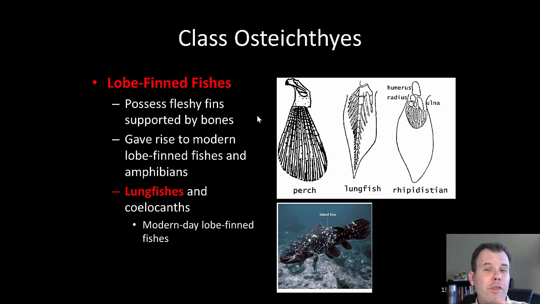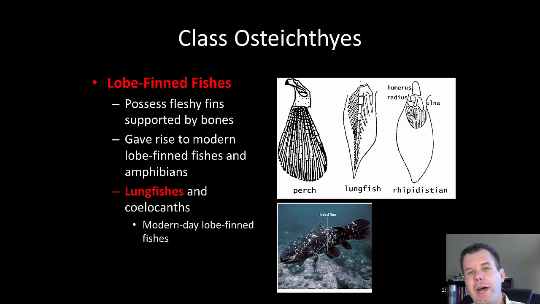They're actually the first evidence of appendages that these animals have to work onto the land. A lot of these lobe-finned fishes possess fleshy fins supported by bones rather than the ray fins, okay? And we think that they gave rise to the modern lobe-finned fishes and amphibians.